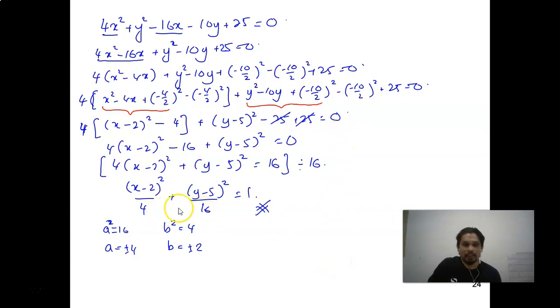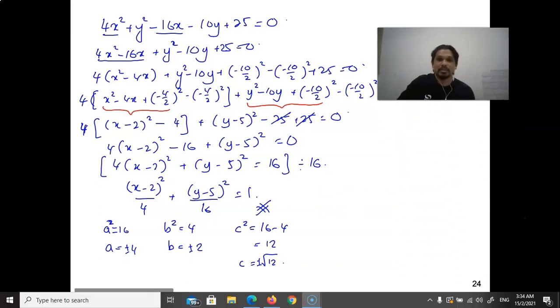For this one, a is greater than b. Then c squared equals a squared minus b squared, 16 minus 4, which is 12. Then c equals plus minus square root of 12. So you list down everything.